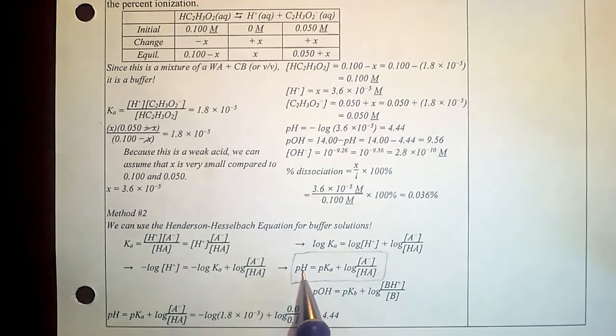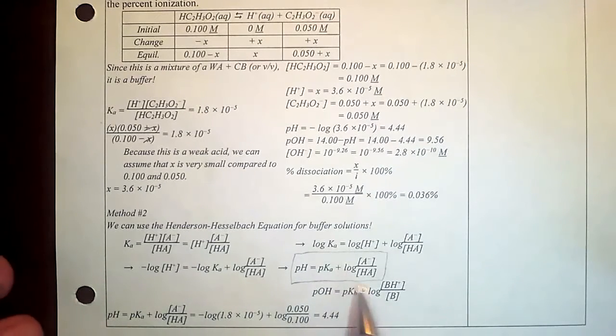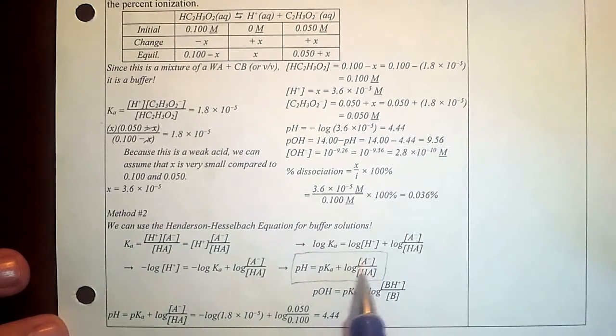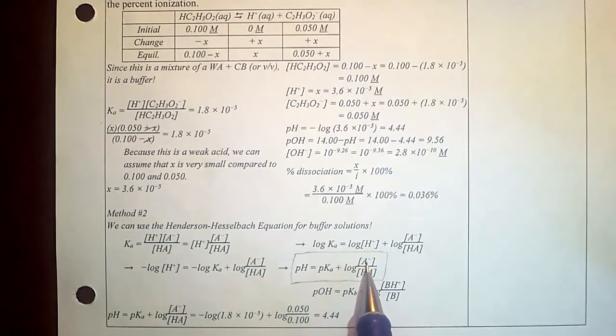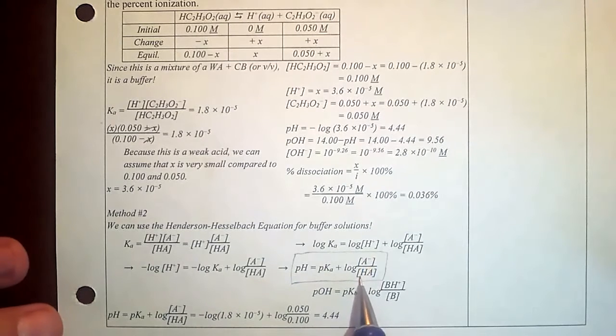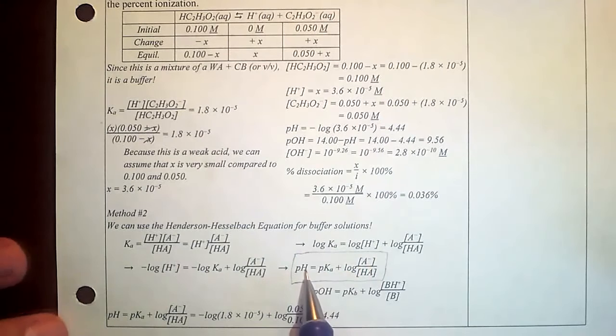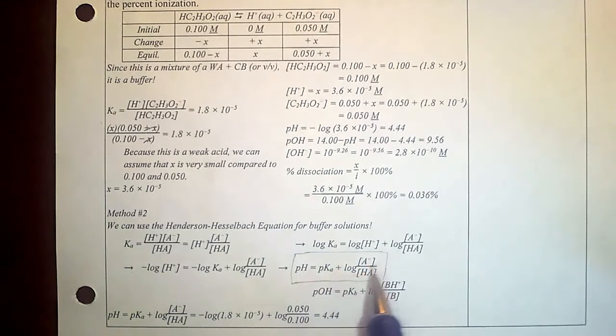So pH is negative log of H+, pOH is negative log of OH minus, molarities of course, and pKa is negative log of Ka, pKb is negative log of Kb. So this then is the molarity, brackets means molarity, of the A minus, the anion, whatever it is, over the molarity of the acidic form of that. And then we take the log of that fraction and add it onto here, and we can find pH. It also allows us to solve for, of course, any one of these things in here, really.